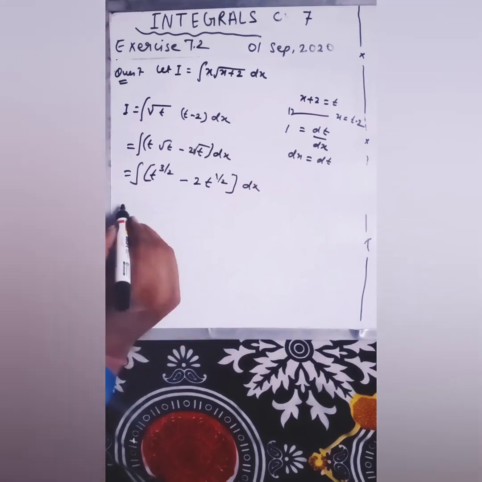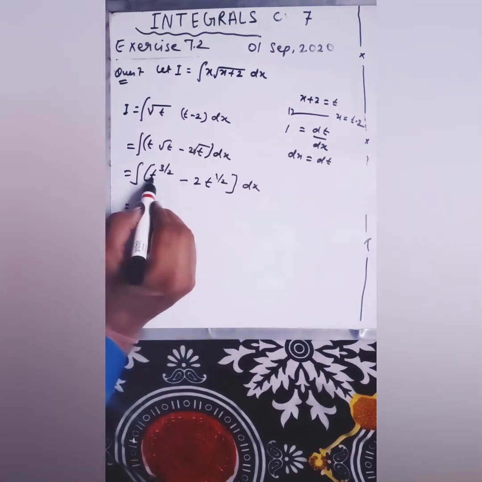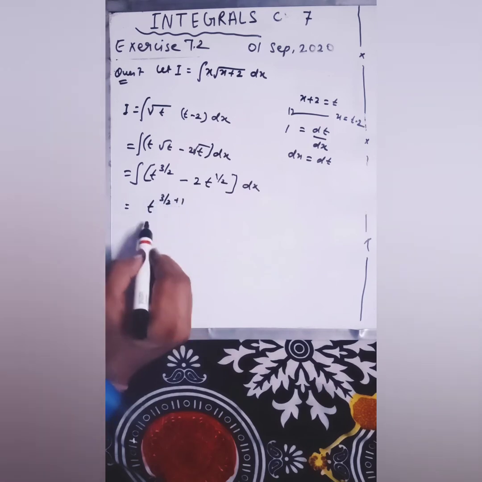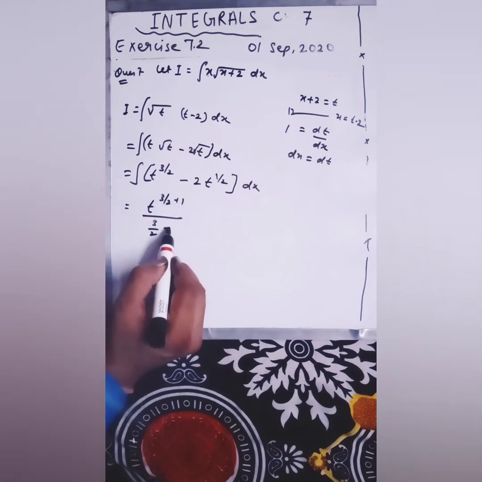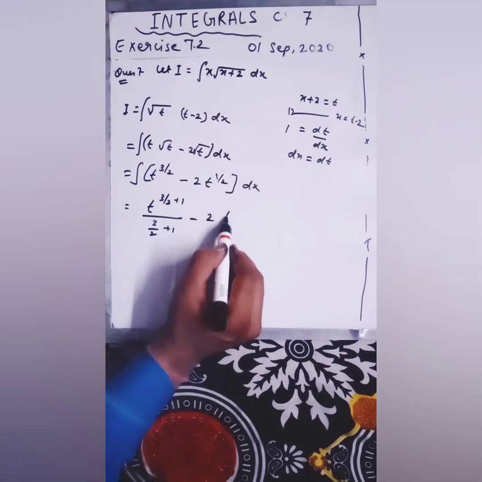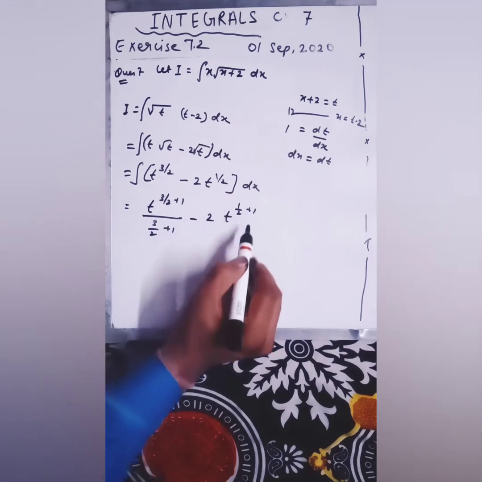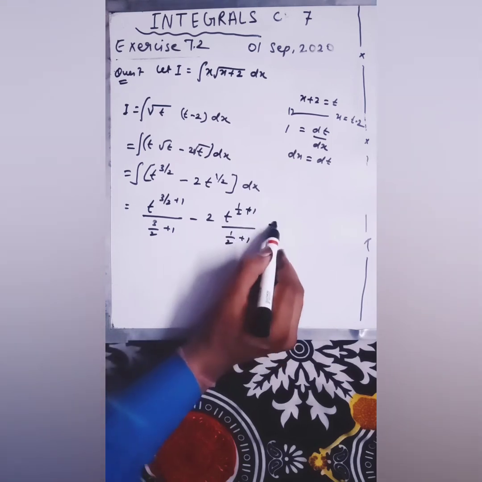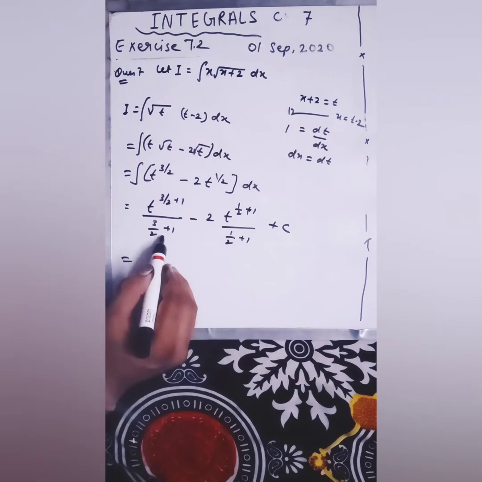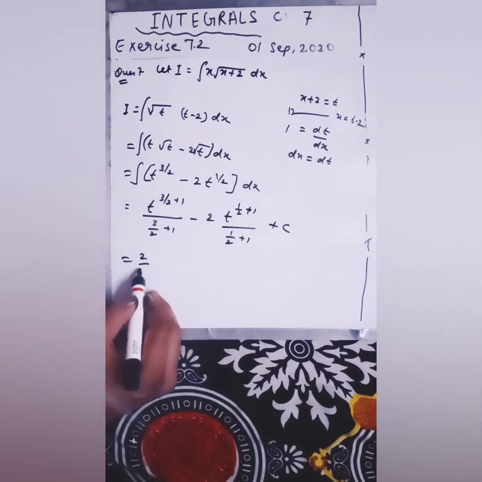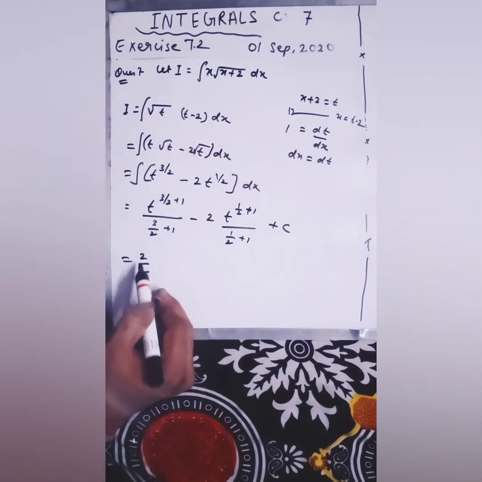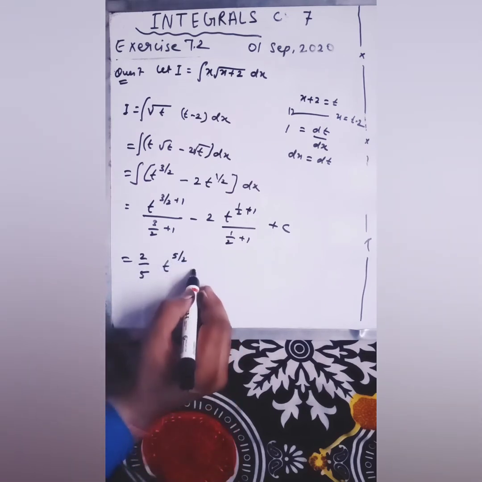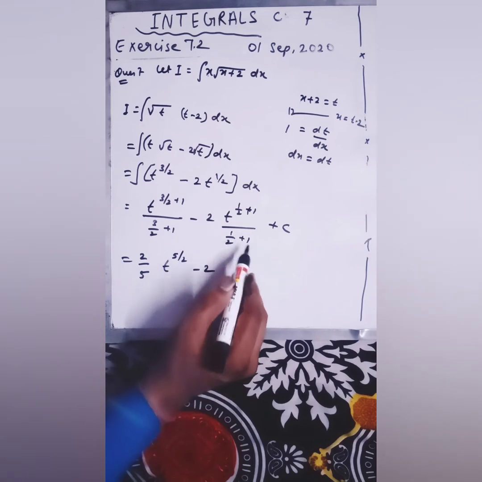Now the next step, you have to integrate this, so you have to add 1 to the power, and you have to divide by the same power, minus 2, and here you have to add 1 to the power, and divide by this power, plus c. So when you solve it, you will get 5 by 2. When you take the reciprocal, it will come 2 by 5, and t raised to power 5 by 2, minus 2, and when you solve this it will be 3 by 2.